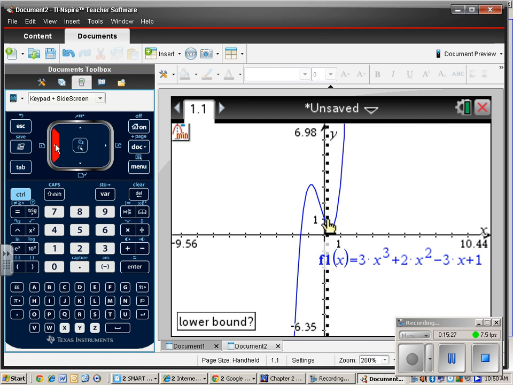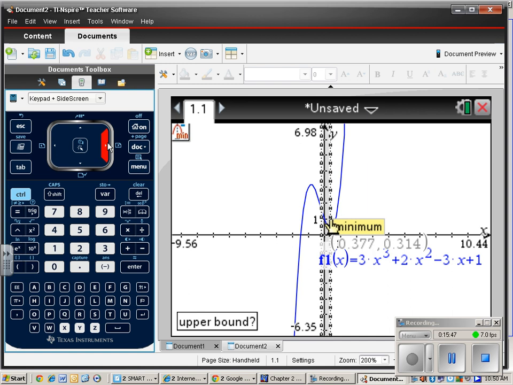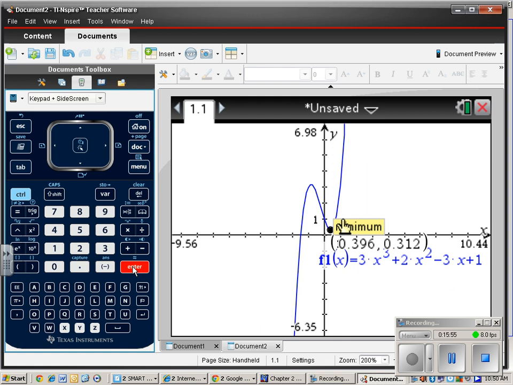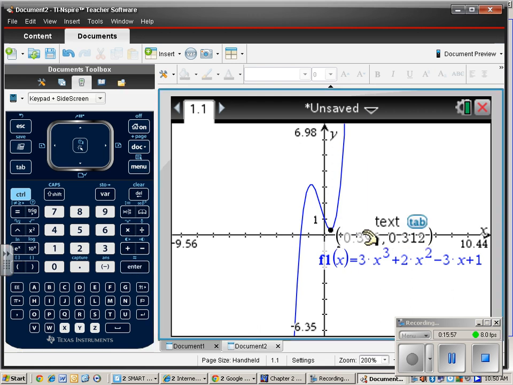It says lower bound, so I need to be on the left side of my minimum. Once I get to the left side, I hit enter. Now it says upper bound, so I need to move to the right. When I'm to the right of that minimum, I hit enter again. When I do that, I get that point right there.